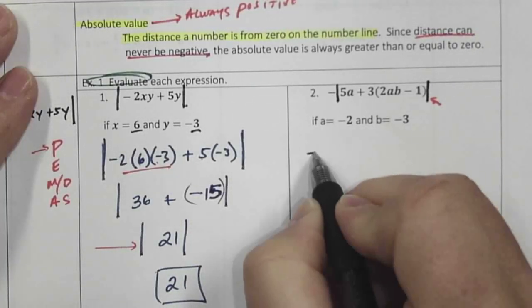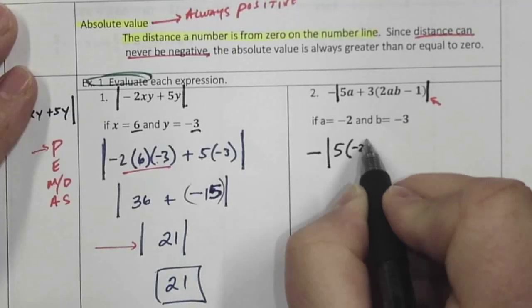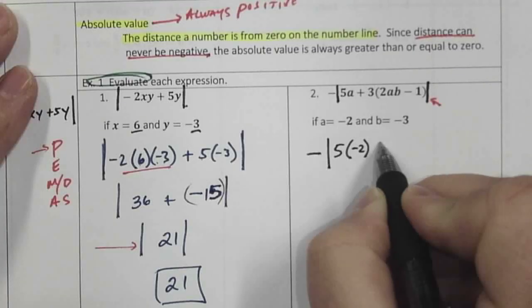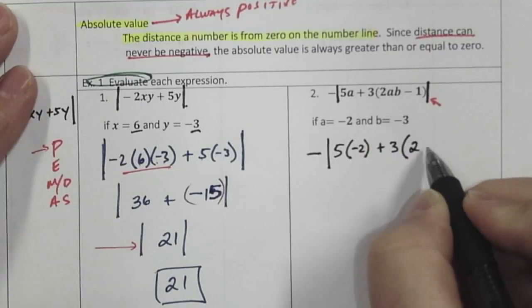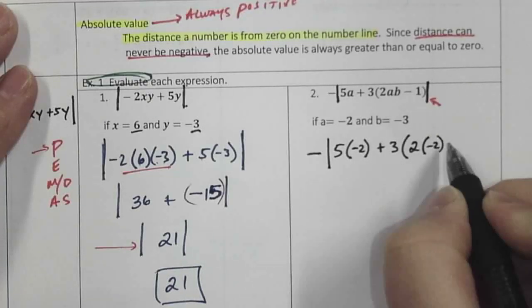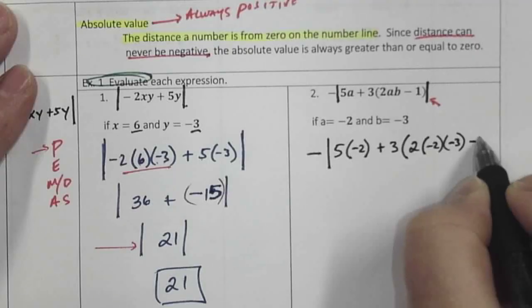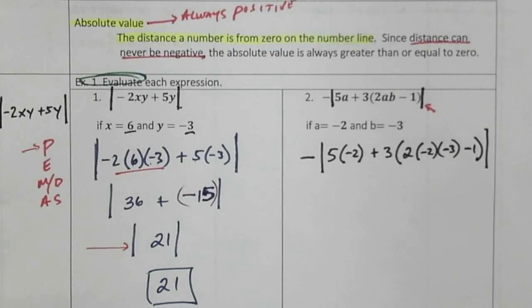This is a negative absolute value. 5 times -2, because A is -2, plus 3 parentheses 2 times A, which is -2, times B, which is -3, minus 1 parenthesis absolute value.